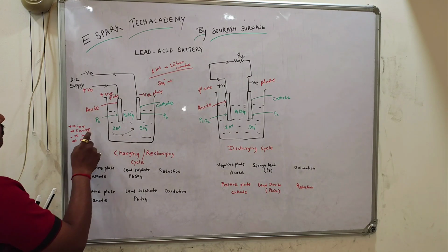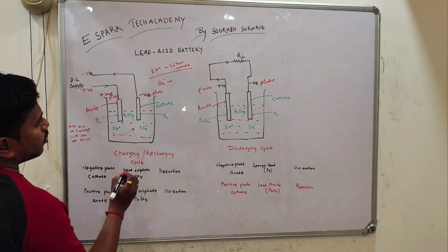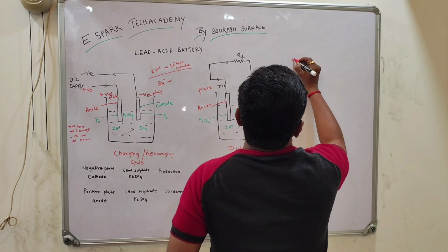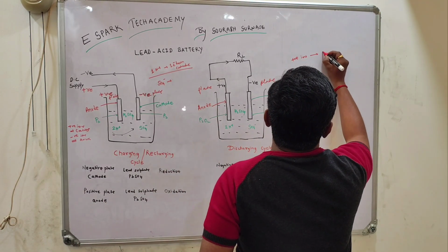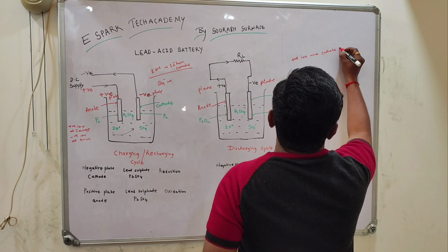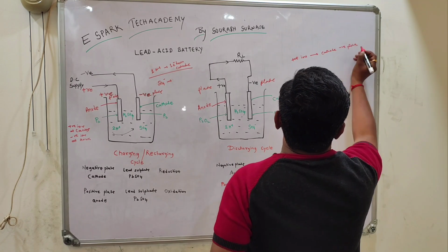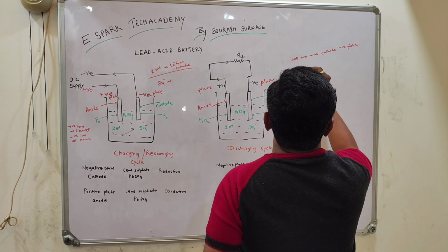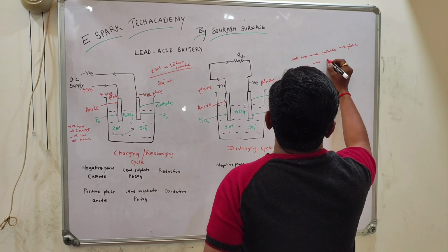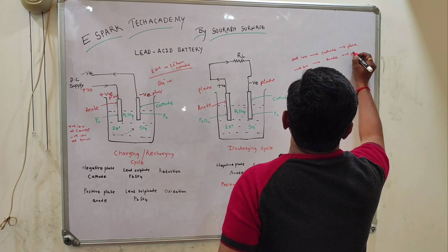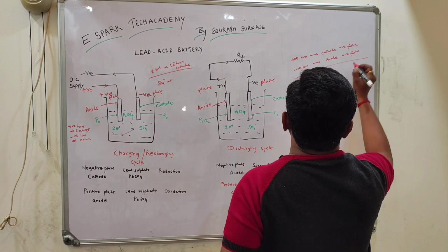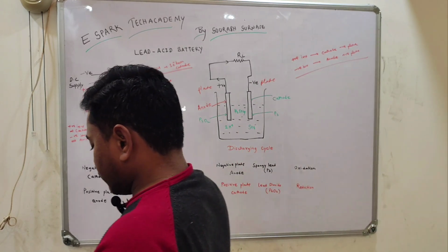These positive ions will move towards the cathode, the negative plate here, and negative ions will move towards the anode, the positive plate. This is a basic fundamental.